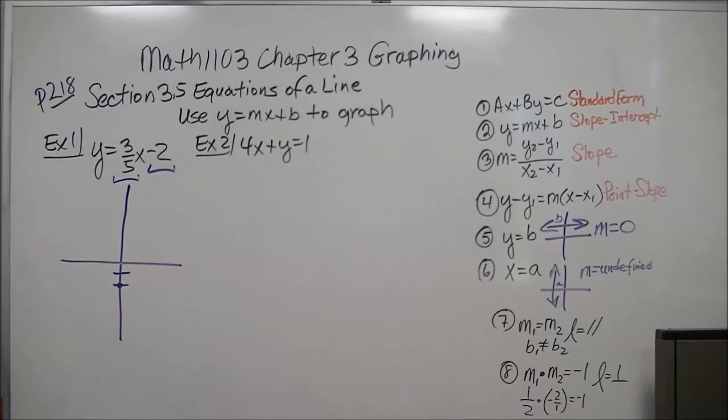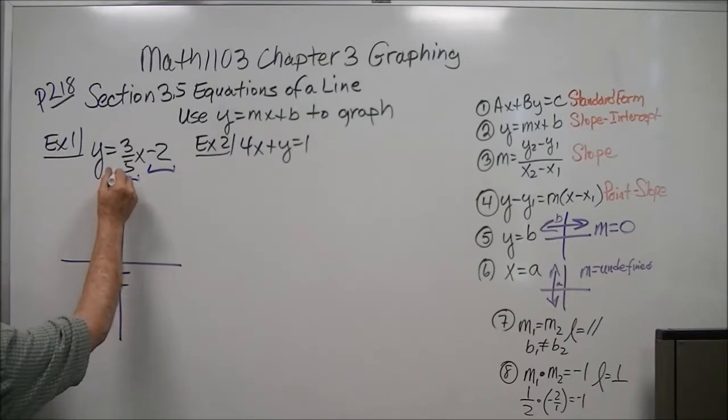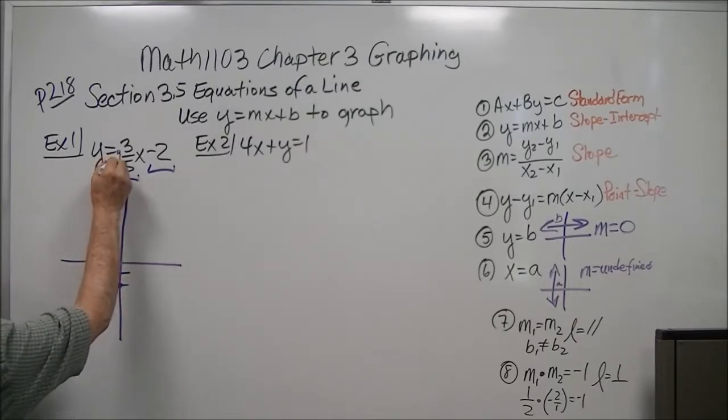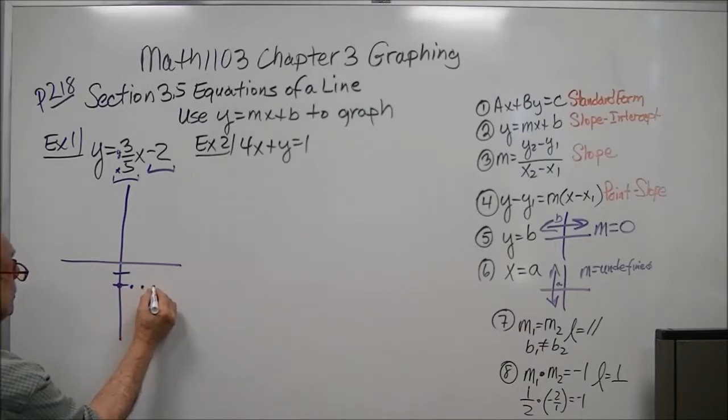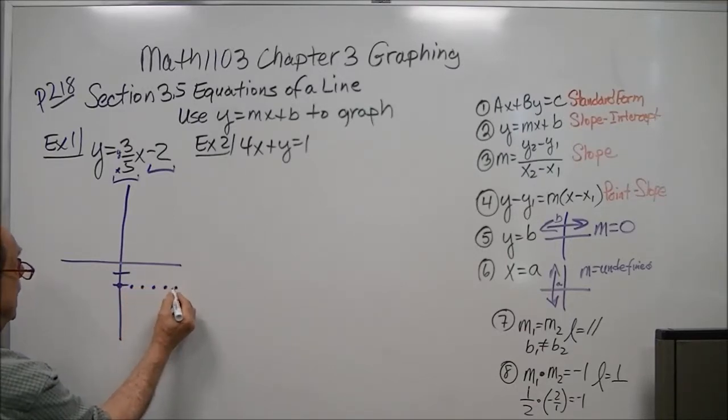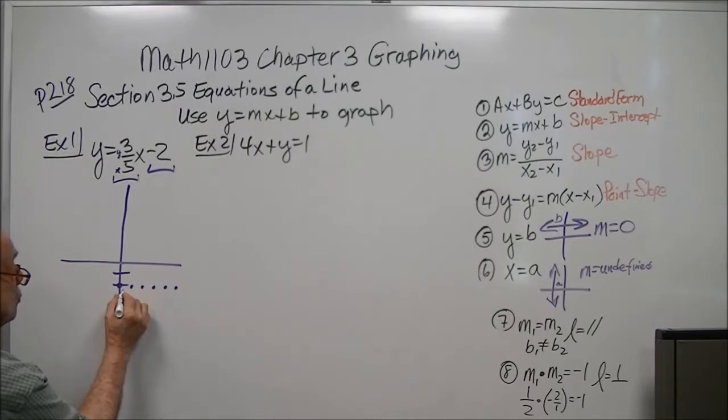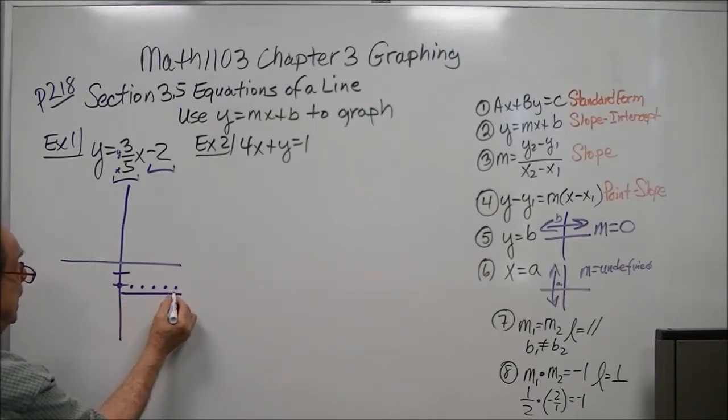And again, you may have had different methods in high school, but what I'm suggesting is you plot the x term here first. Remember, this is a ratio, y over x. And since it's positive, from this point I'm going to go positive 1, 2, 3, 4, 5. That would be my run of 5.